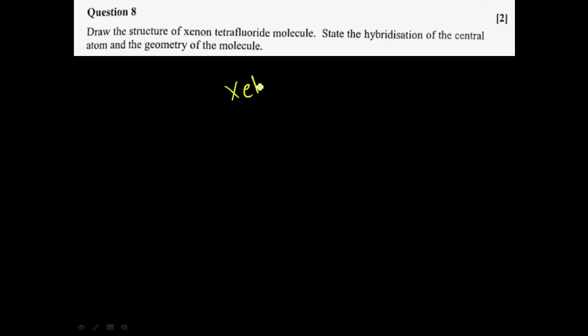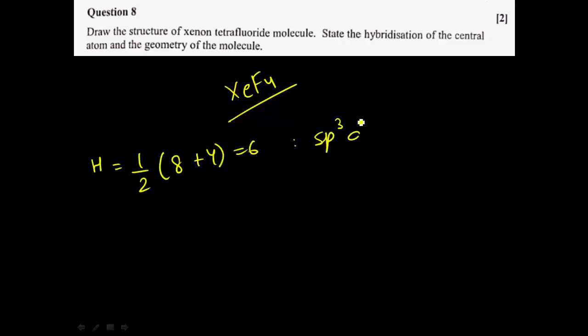Next, draw the structure of xenon tetrafluoride molecule. So formula is XeF4. The steric number is half times 8 plus 4, which is 6. The hybridization hence is sp3d2. The geometry is octahedral. Now the steric number is 6, but there are only 4 bond pairs.